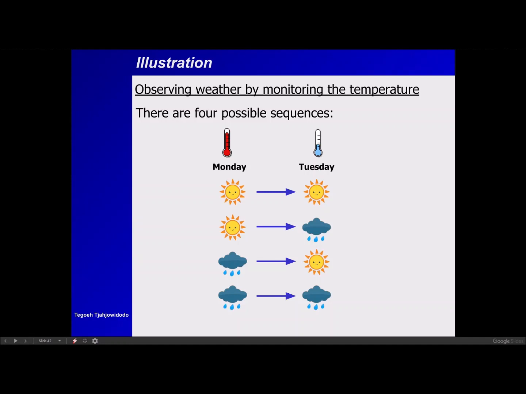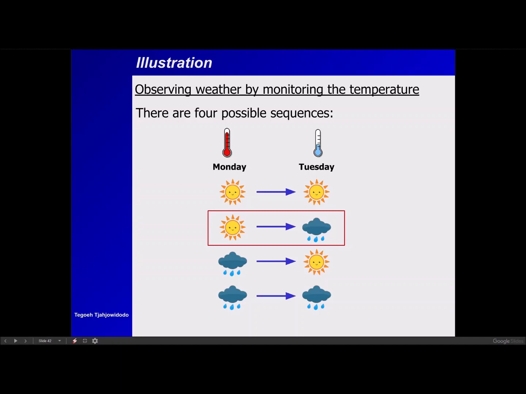We are going to calculate the probability of all these 4 sequences, and then, similar to naive Bayes, we just pick the one with the largest probability to be our predicted sequence. Let's discuss how to calculate the probability of this sequence.